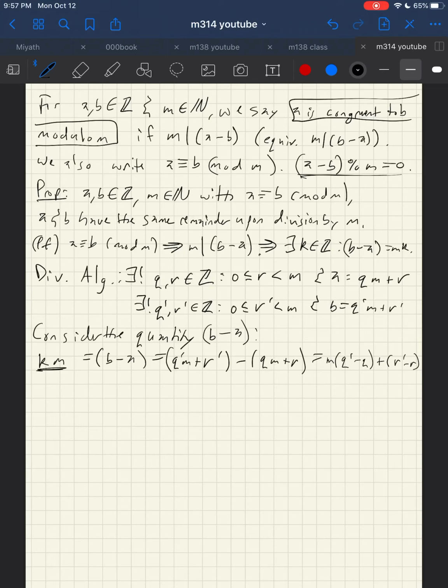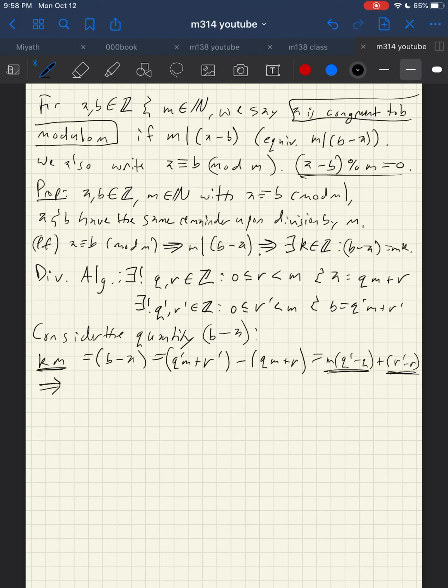Well, this is a multiple of m, and this is a multiple of m, and these are two numbers that are between 0 and m, excluding m. Okay, so what's that mean? Well, I can move things around a little bit.